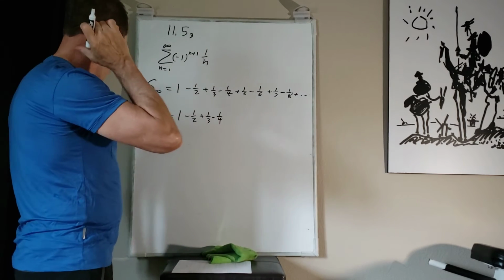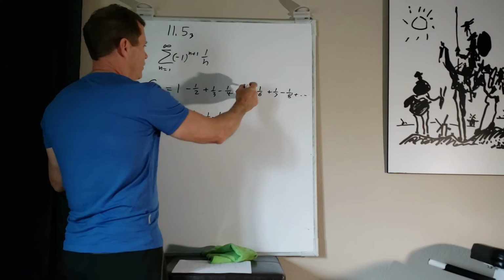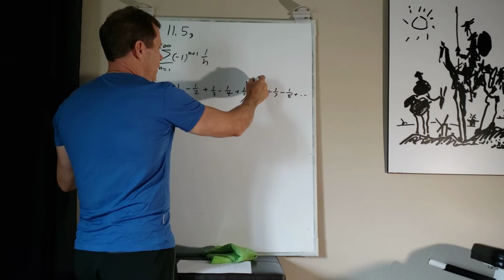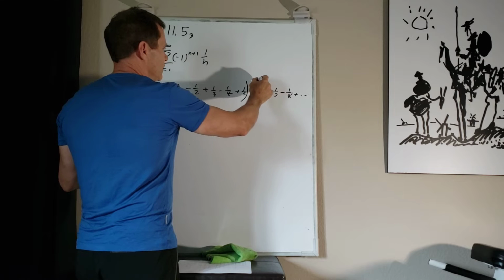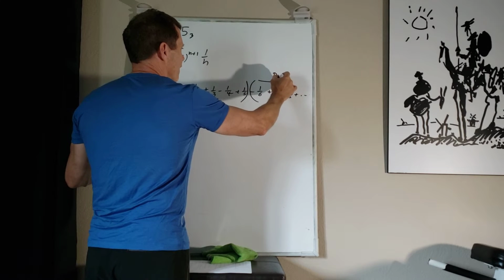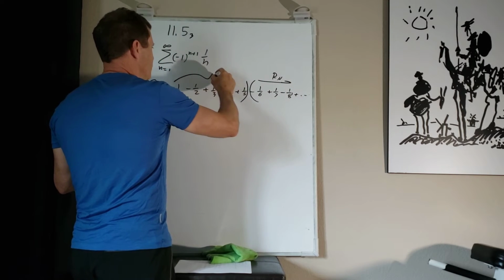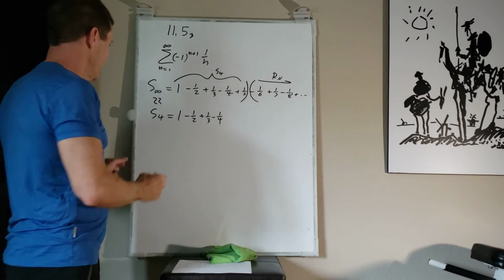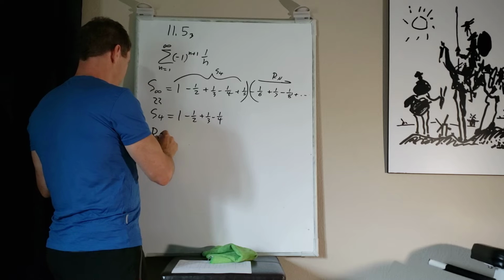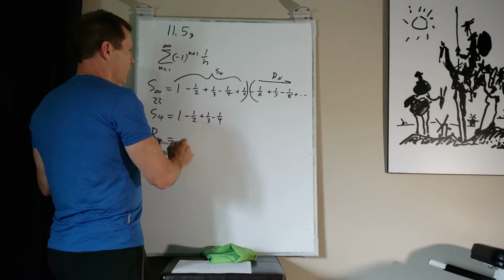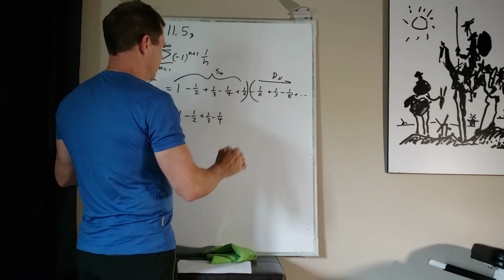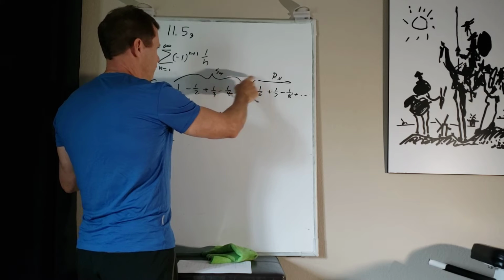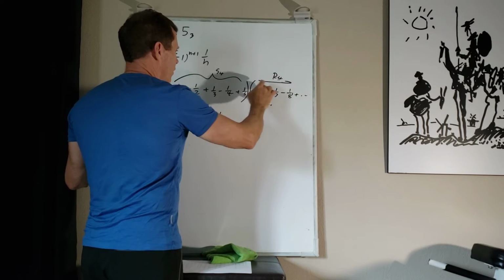Now, what's the remainder? We're using S4, and this is going to be our remainder. Let's see what our remainder is. How bad did we do? Sorry, I went too far.